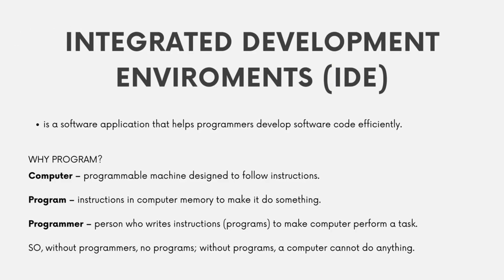Okay, so next is IDE. IDE is integrated development environment. This is a software application that helps programmers develop software code efficiently. Okay, so here is why we program. A computer is basically a programmable machine designed to follow instructions. A program is a set of instructions in computer memory to make it do something.